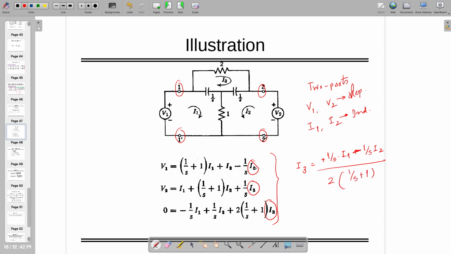If you feed this value here, thereafter you can have these equations V1 and V2 in terms of I1 and I2 only, and you can have the Z parameters, right? Those parameters are Z11, Z12, Z21 and Z22. You will observe that these two will be the same. So that will be the reciprocal network, right?